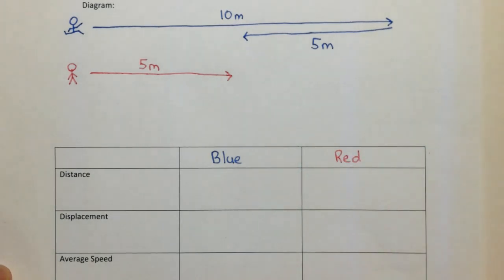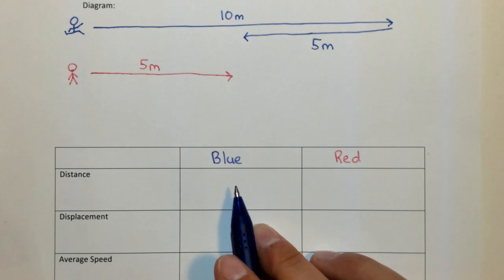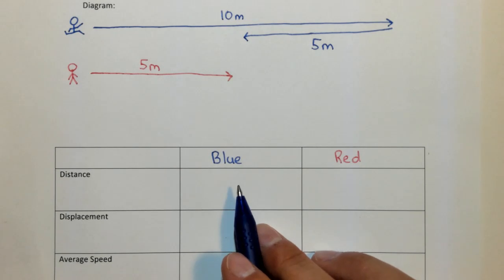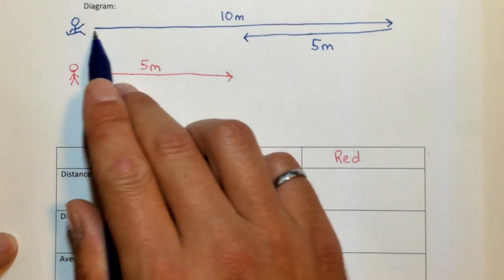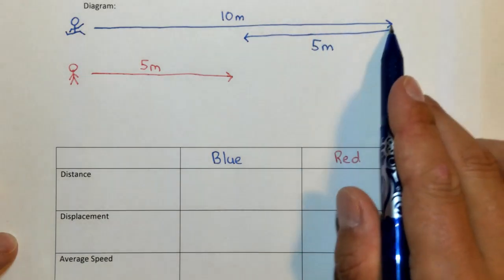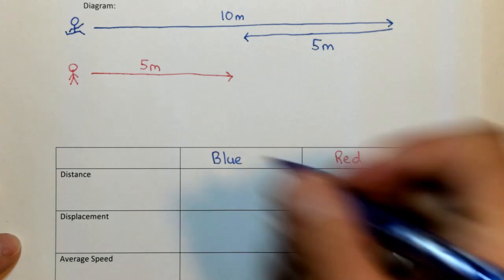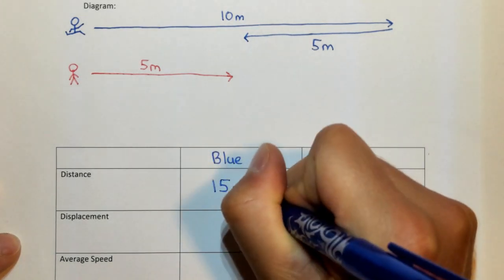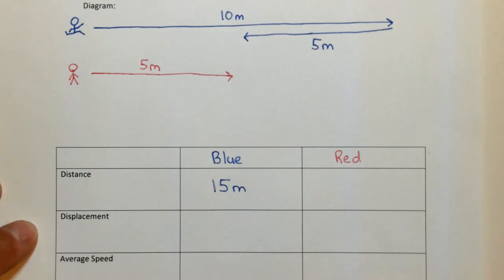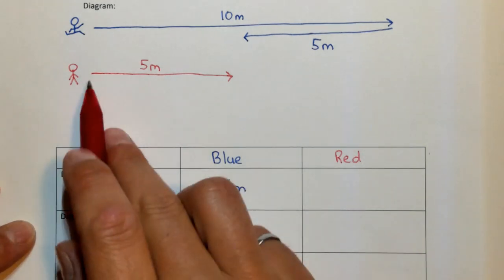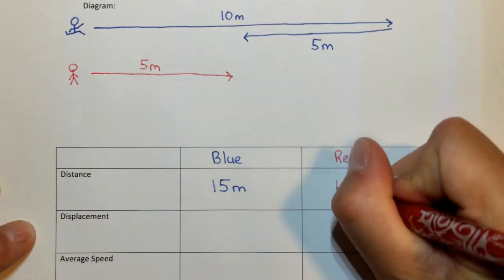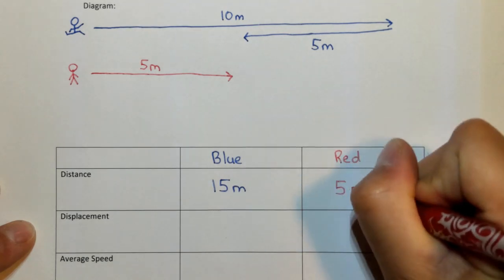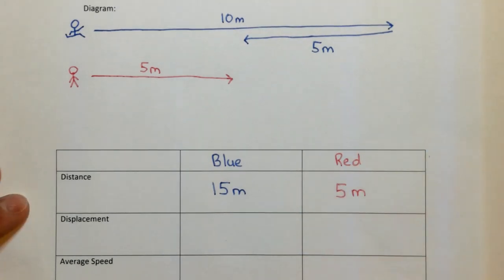Okay, so the distance blue traveled, remember distance is how far something traveled along the path it took. So if we trace out blue's path, we do 10 meters and then another 5, which is a total of 15 meters. And if we look at the distance red did, well, again, tracing along red's path, we see that red did 5 meters.